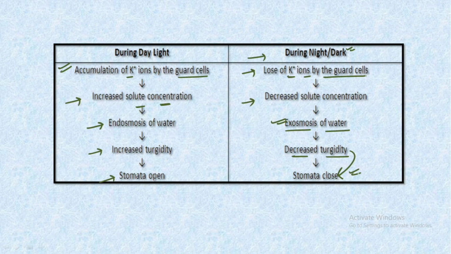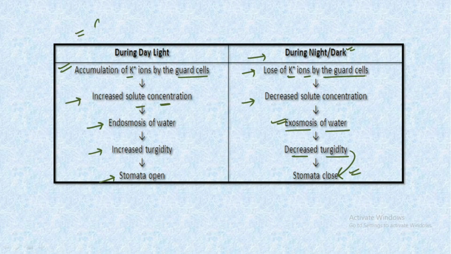Make sure you remember each of the points, because many questions have been framed from this particular area. Important highlighted points to be remembered are: first, the components that get into and out of the guard cells during both the stomatal opening and the closing. Next, the plant hormone helping in the opening and the closing mechanism.